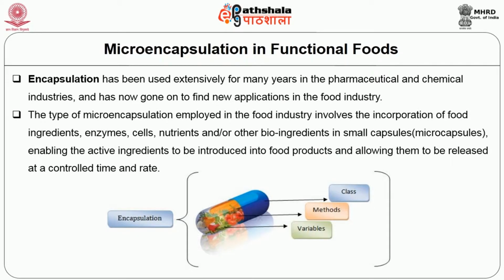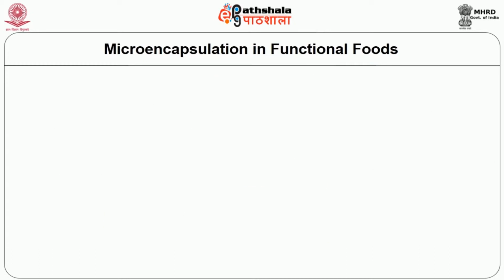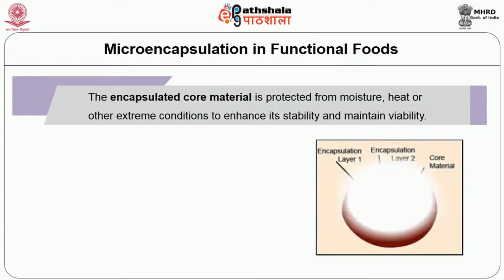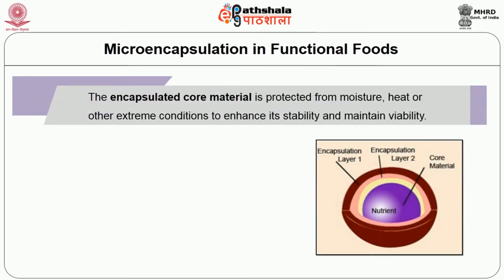The type of microencapsulation employed in the food industry involves the incorporation of food ingredients, enzymes, cells, nutrients, and other bioingredients in small capsules, enabling the active ingredients to be introduced into food products and allowing them to be released at a controlled time and rate. The encapsulated core material is protected from moisture, heat, or other extreme conditions to enhance its stability and maintain viability.